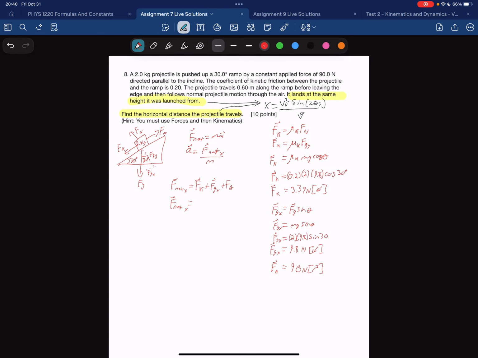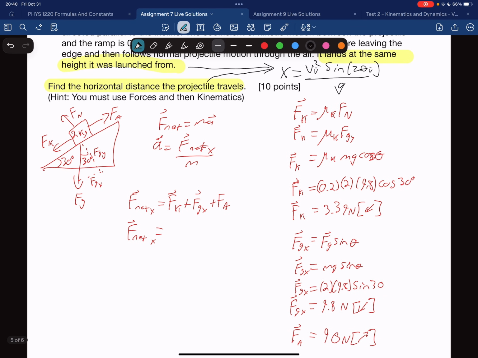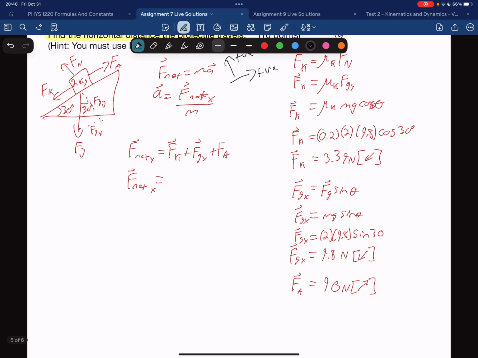I'm going to say that these two directions are positive, which means that when I plug in these numbers, Fk is going to be negative 3.39 minus 9.8 plus 90.